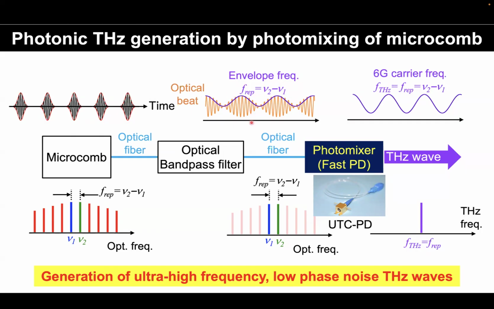Then the optical beat signal is converted into terahertz wave by a photomixer such as a UTC-PD. The resulting terahertz wave has a frequency of f_THz, which is exactly equal to f_rep. In this way, the low phase noise property of f_rep in the microcomb can be transferred to the terahertz wave.